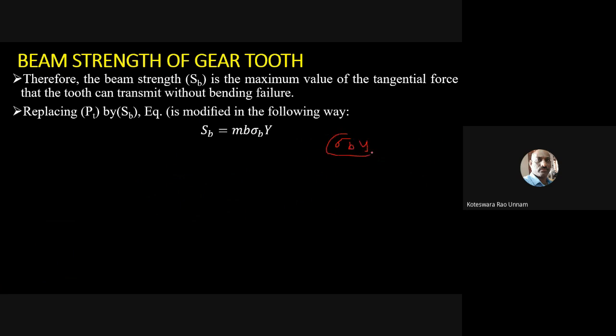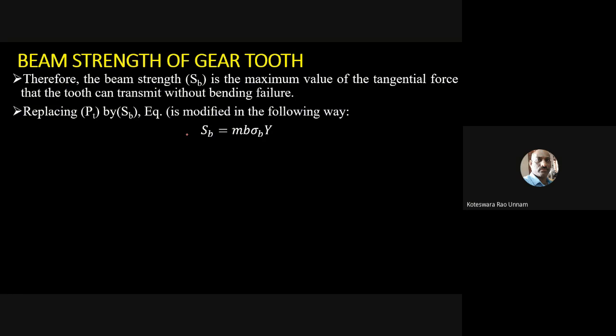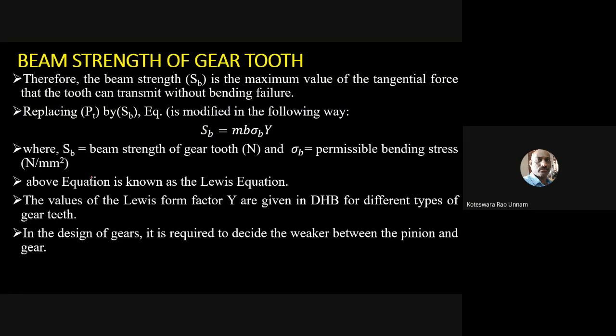Then you take whichever has the lesser value, whether for the gear or pinion, and design the gear based on that. If it is less for the gear, you take the gear as the design criterion. If this product is less for the pinion, you consider the pinion as the design criterion. Okay, like that, based on the static strength or beam strength, we can design the gears. That's what I have written here.